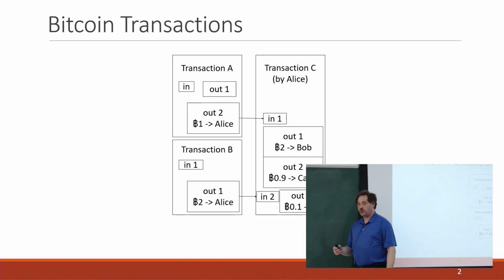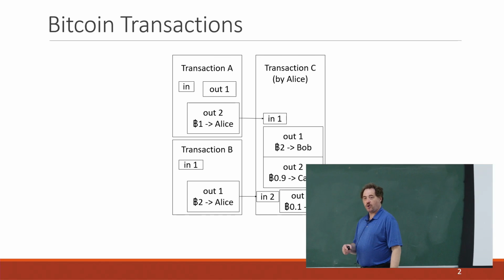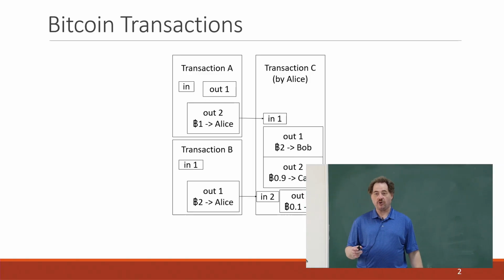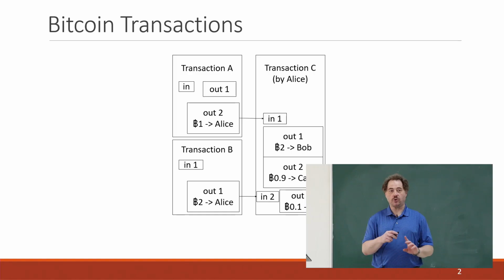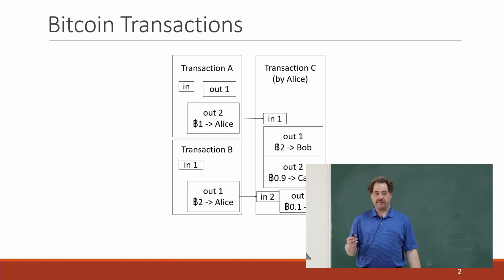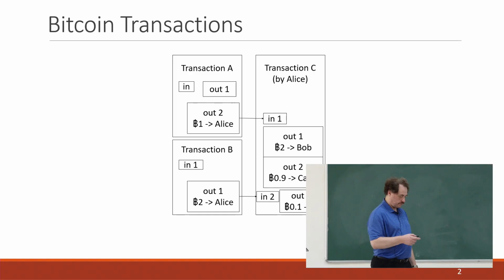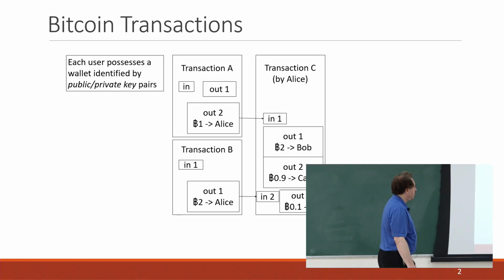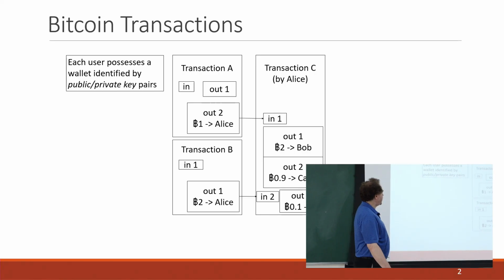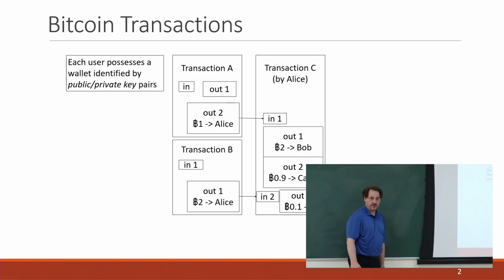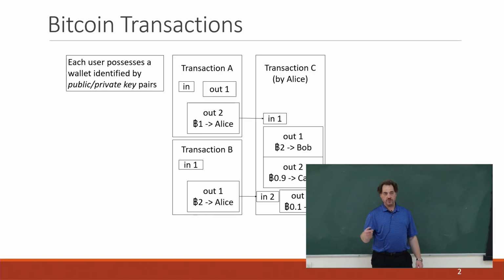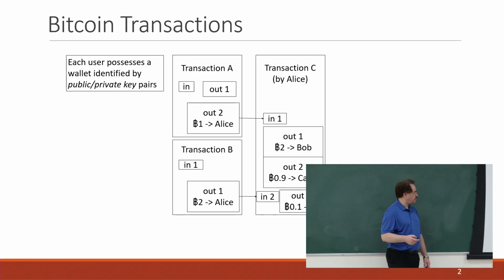And the input to a transaction can only be derived from an output to a previous transaction, which is well known to everyone and which can be verified. So each user possesses a wallet identified by public-private key pairs, and the wallet can also produce such pairs. That's the idea of wallets.